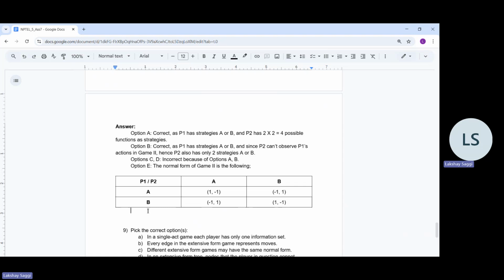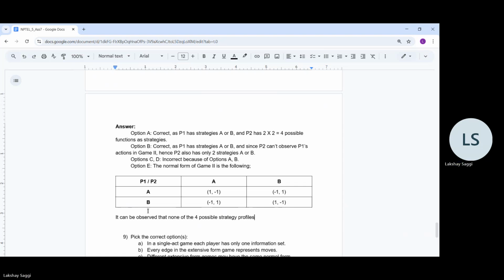So it can be observed that none of the four possible strategy profiles is a Nash equilibrium for game 2. Hence, no pure Nash equilibrium.